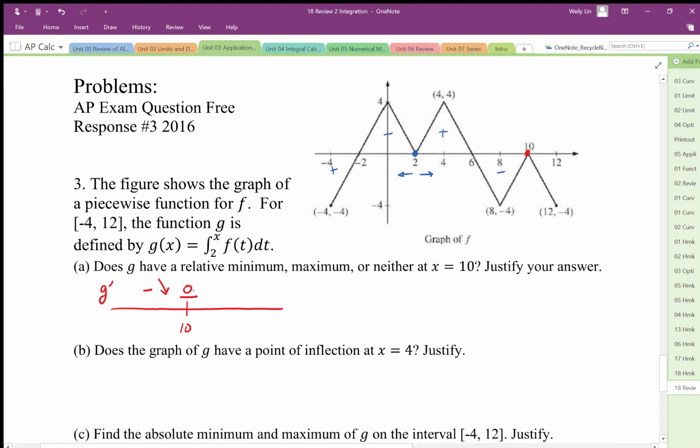So it bottoms out like that, and it looks like if it goes up, that'll be a minimum. But on the left-hand side of that, we have negative y coordinates, so it's going to keep on going down. This means that f is negative, which means g prime is negative, which means the slope on g is negative. So this is going to be neither min or max, so neither.